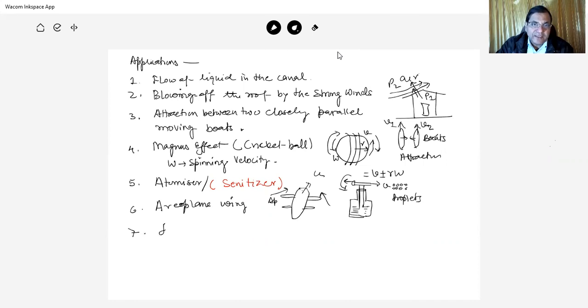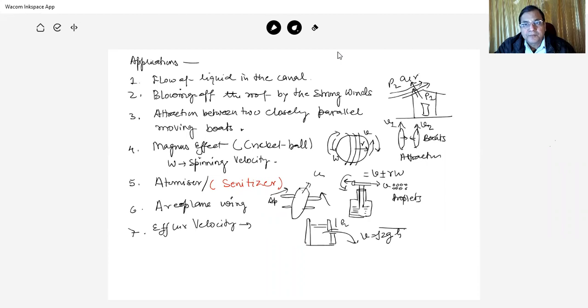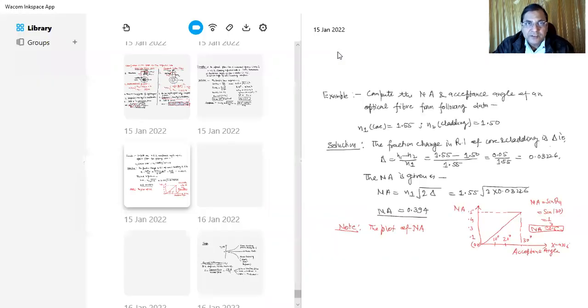And then efflux velocity. The efflux velocity is again the same, that is the liquid flowing through the tube, and here V is equal to under root 2gh. This is the height h, and here is the liquid filled in the tube. So all these are the application areas where these things come in.